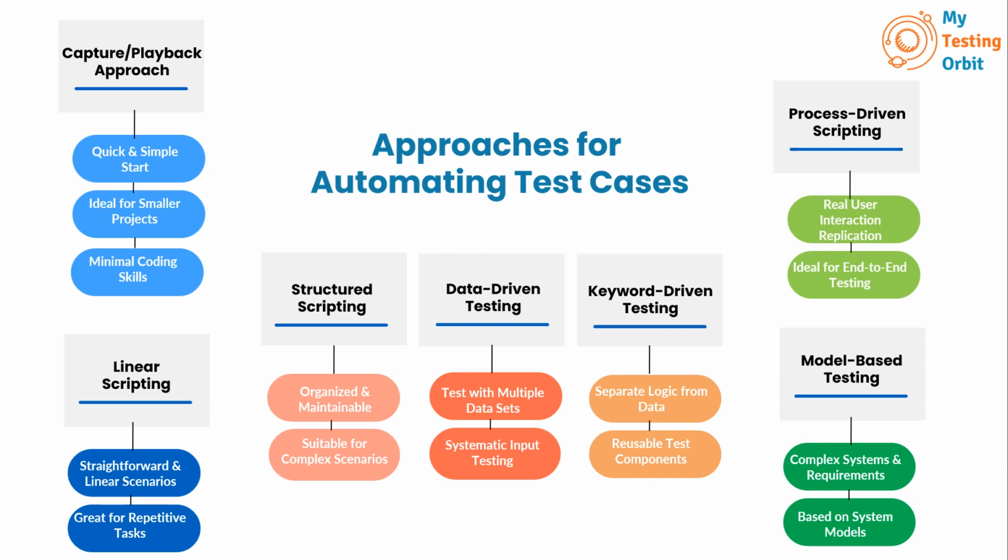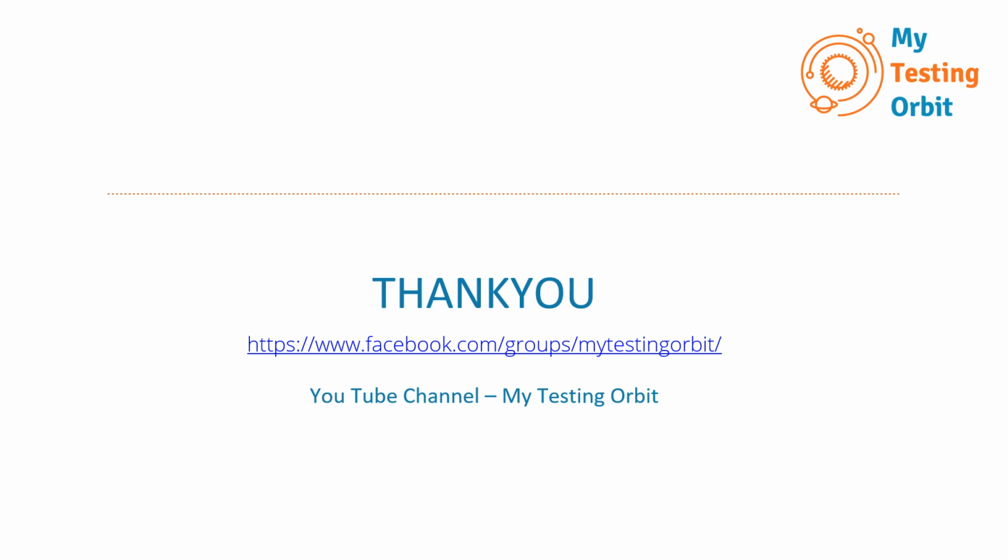Sometimes a hybrid approach combining elements from different methods can be the most effective. In the end, the goal is to maximize test coverage, maintainability, and efficiency. So go ahead, testers, armed with this knowledge, and choose the test automation approach that suits your unique project testing.